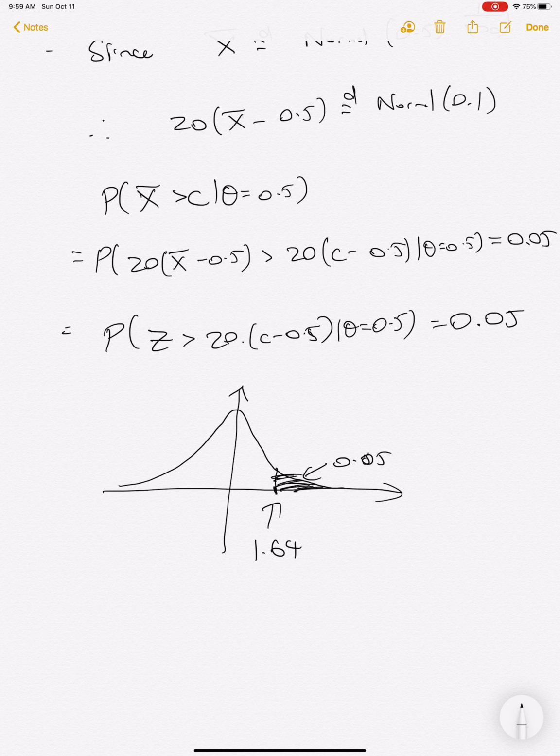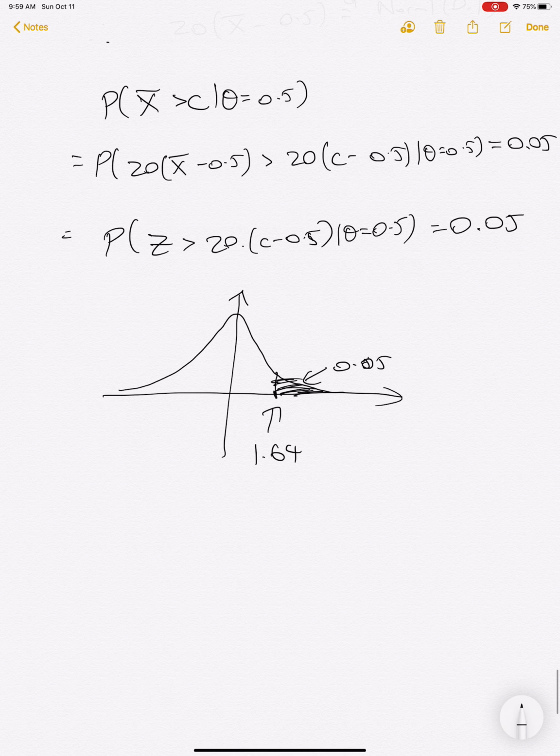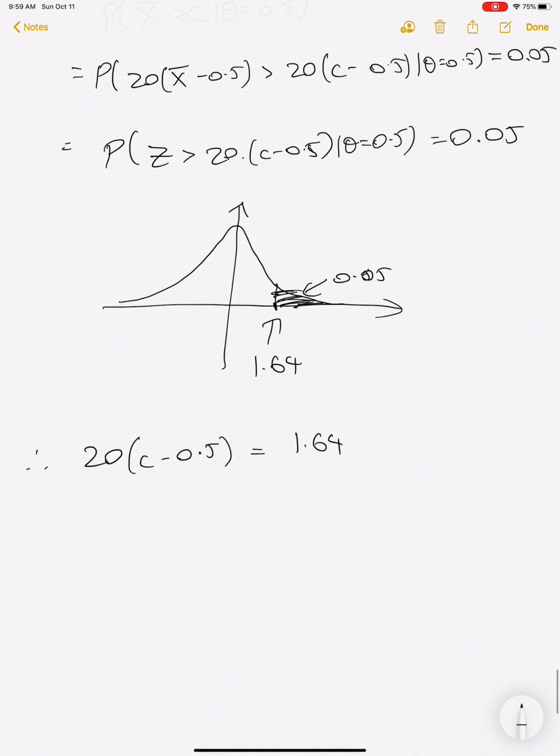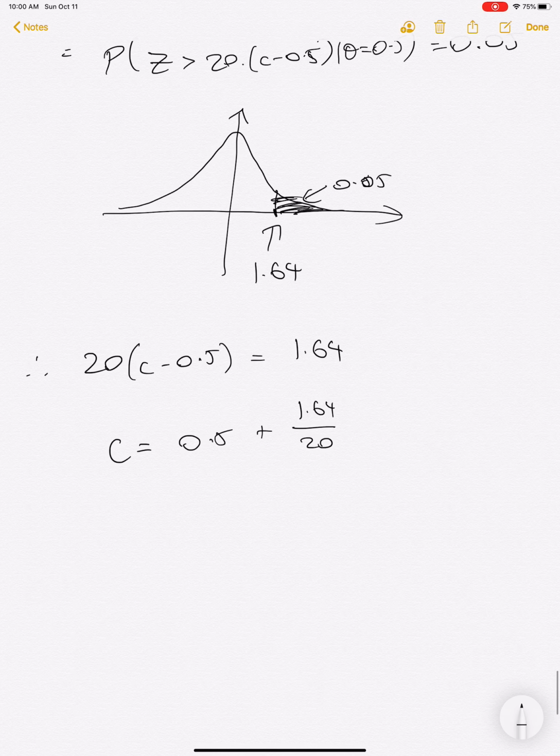So we have therefore that 20 times (c minus 0.5) should equal 1.64, right? So what that means is that the threshold is c equals 0.5 plus 1.64 over 20, and that should give you c is 0.582.